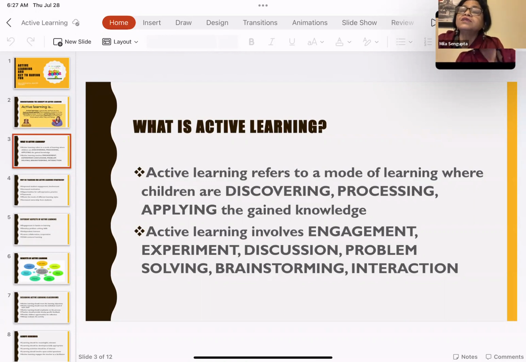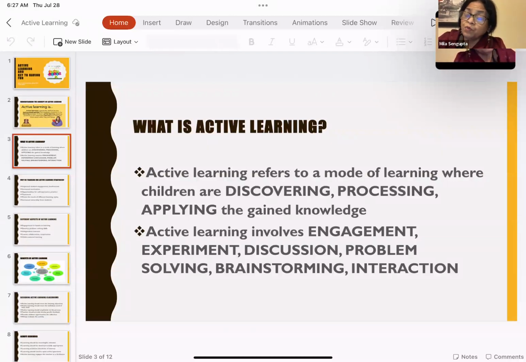Whatever they discover while doing an activity, they process and make progress using their thinking, later retaining that knowledge and applying it successfully in another setup.